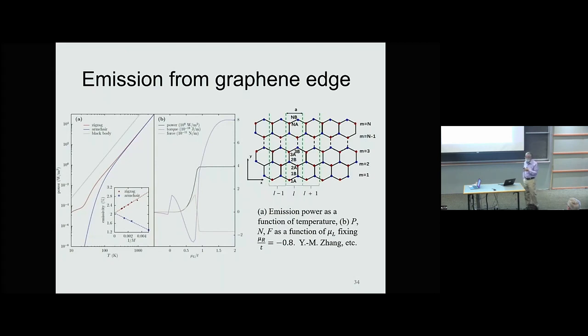Unfortunately, we have to bias them with a very large bias, perhaps too high, enough to melt them. But anyway, this is a theoretical calculation. So if we bias them with a high bias, indeed you generate these three quantities.